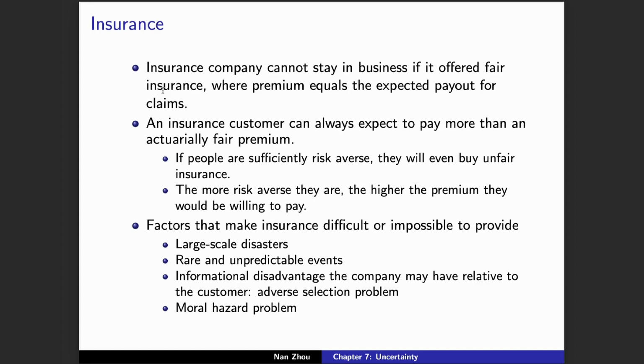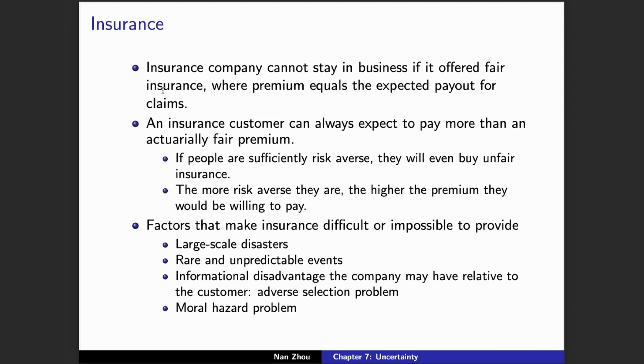However, this relies on the events being insured against to actually be independent. So with things like natural disasters, like floods or earthquakes, many people will suffer losses at the same time, which renders the insurers unable to cover the damage unless they set their premiums to be prohibitively high.